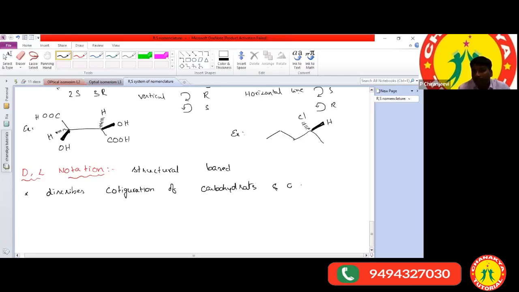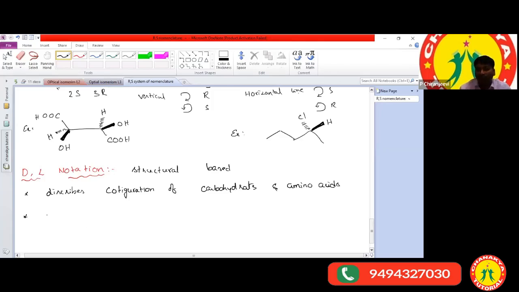Sir, how are we going to explain capital D and capital L notation? For example, we take glyceraldehyde. Based on glyceraldehyde, we explain the DL notation of the carbohydrates and amino acids.